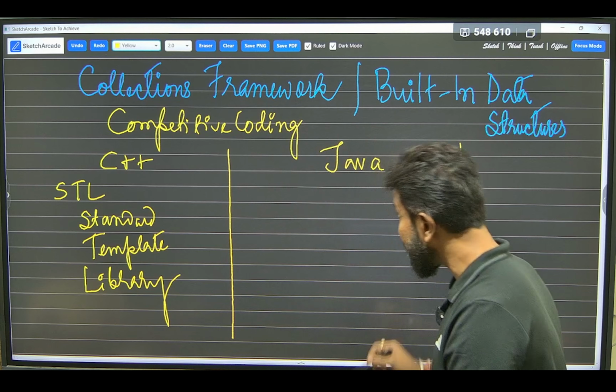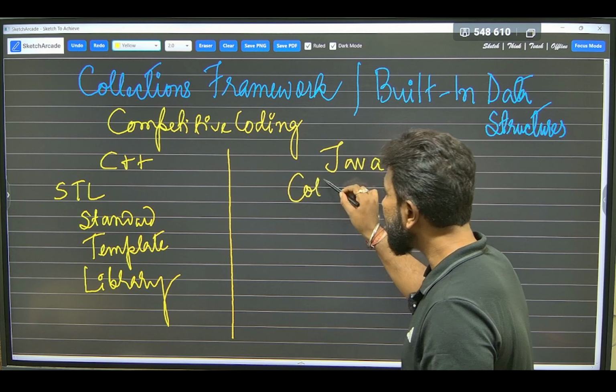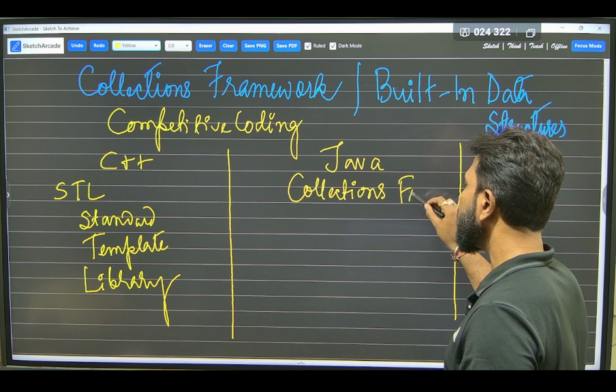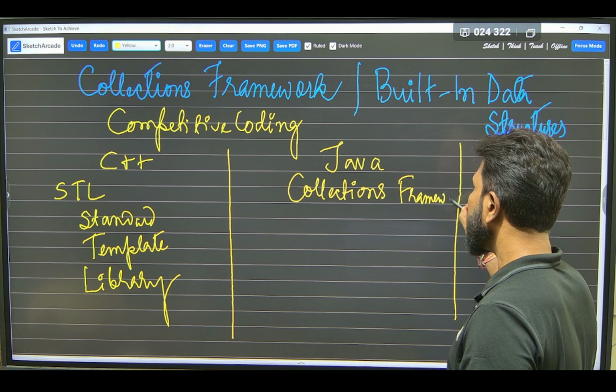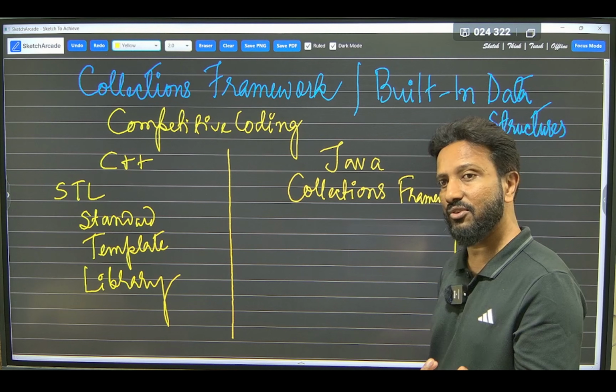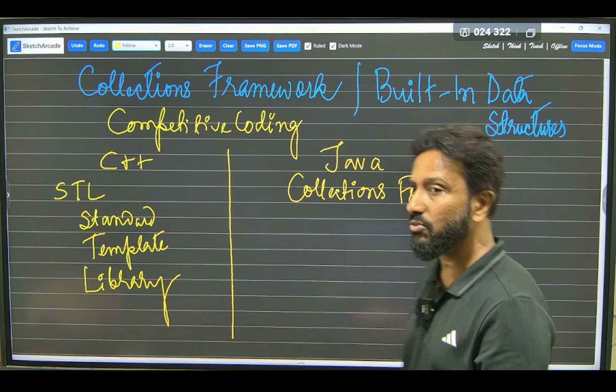In Java, you have something called the collections framework. In C, you don't have anything. You have to build everything from scratch.